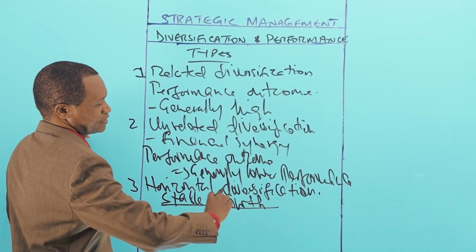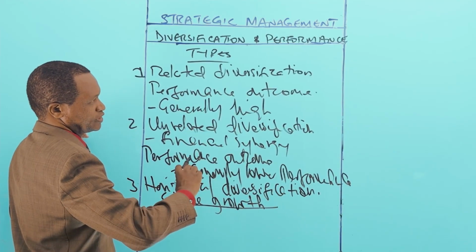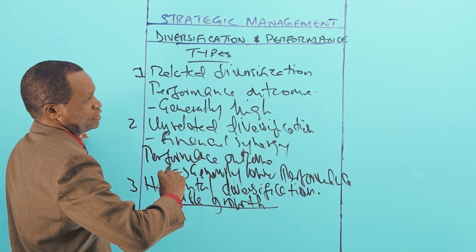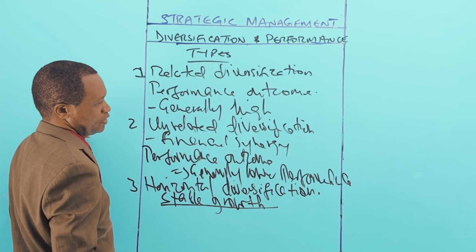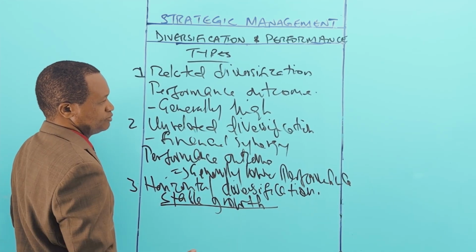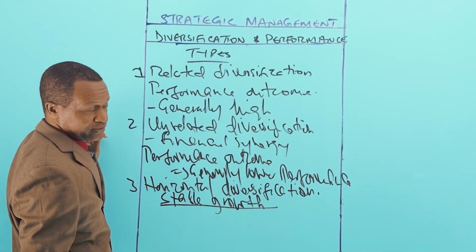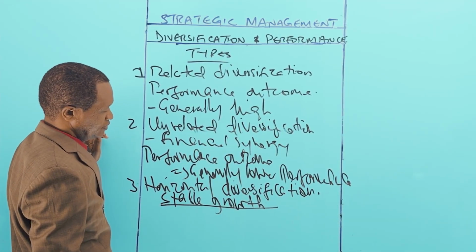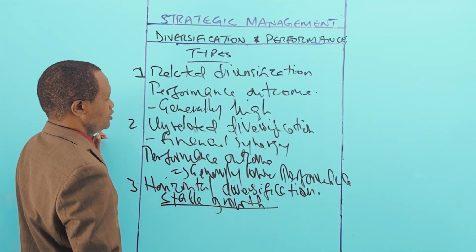You have a customer base, you've been supplying those who are loyal. For example, if you are running gym services, you have a gym where you have clients who come to the gym, but besides the gym, you can open a shop where you sell drugs. Okay, so that is an example of horizontal diversification.